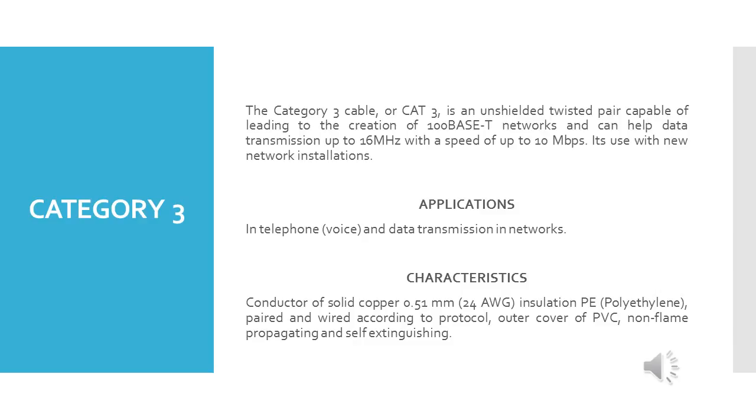Category 3. The Category 3 cable, or Cat3, is an unshielded twisted pair cable leading to the creation of 100 Base-T networks and can support data transmission up to 16 MHz with a speed of up to 10 megabits. It's used in new network installations, in telephone and data transmission in networks.